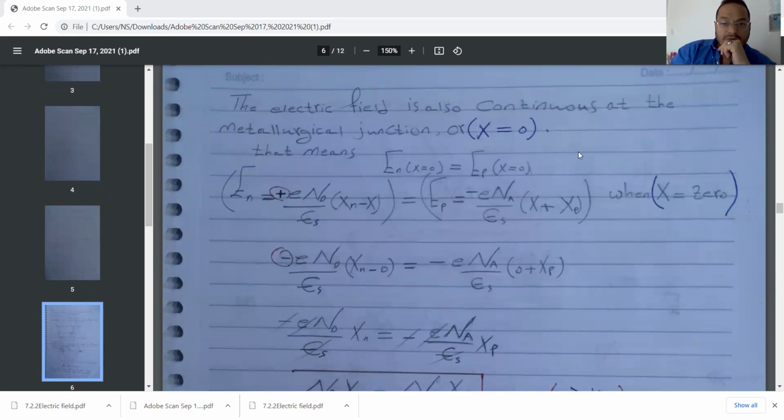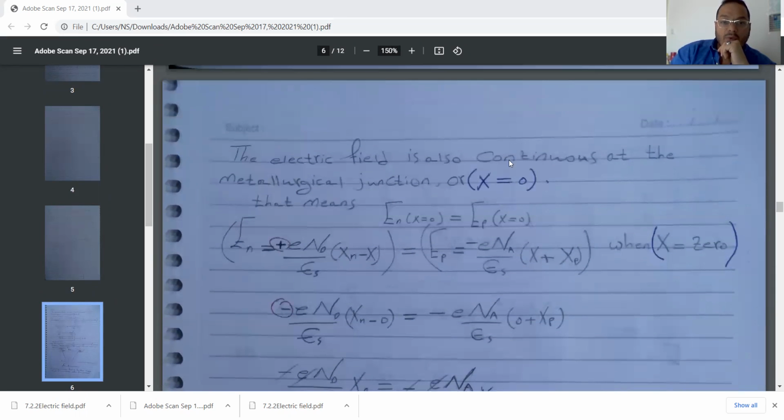Let's continue. Here, what does that mean? When X equals 0, the electric field at the N region equals the electric field at the P region, but under one condition: X must equal 0. If X does not equal 0, no way.